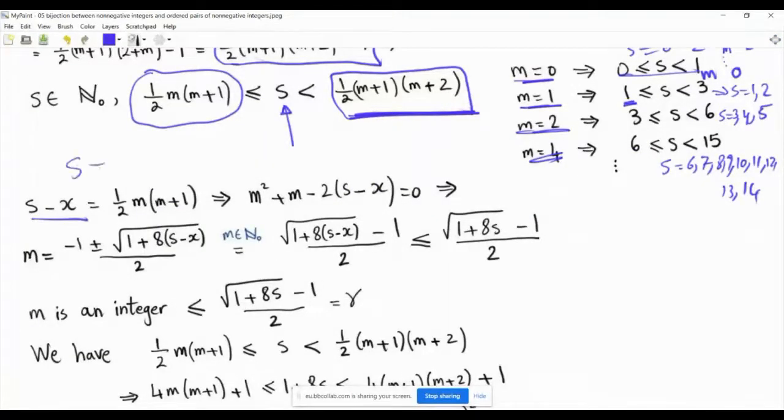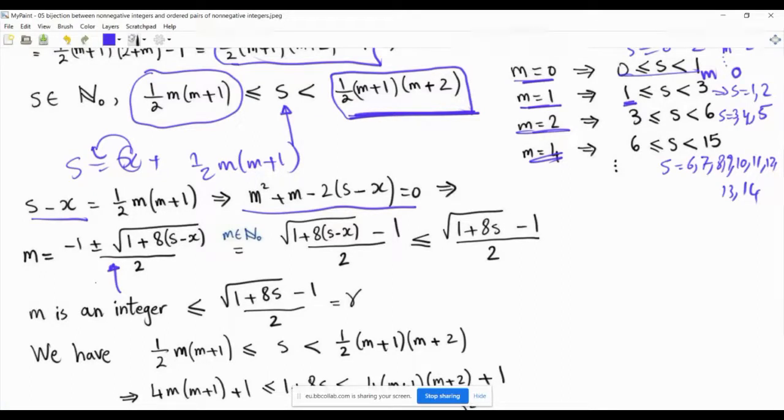Okay, so how can we do this? Take s minus x, so s is x plus half m plus 1, move x to the other side, and then write down a quadratic equation in m. Basically this quadratic equation has two solutions. So I just use the formula for the roots of a quadratic polynomial, a polynomial of degree 2.